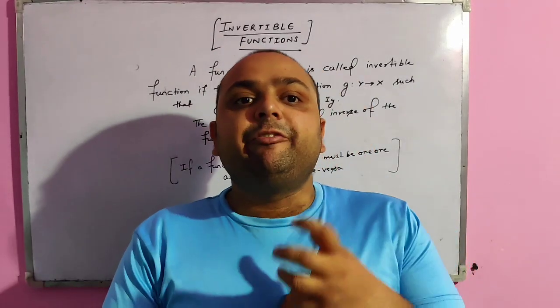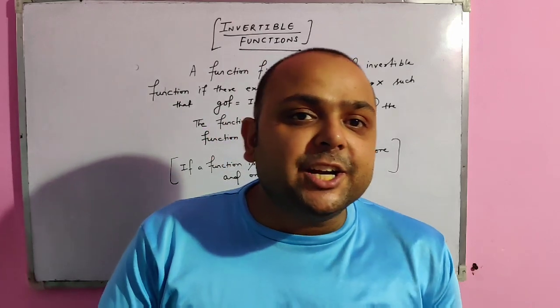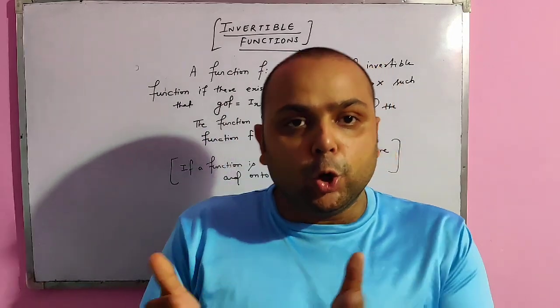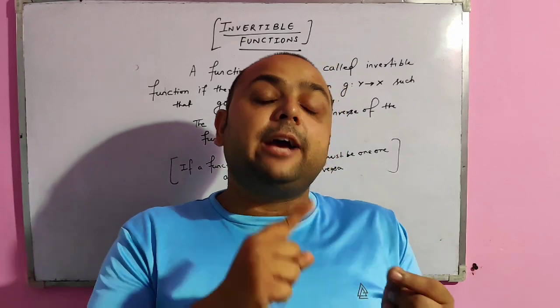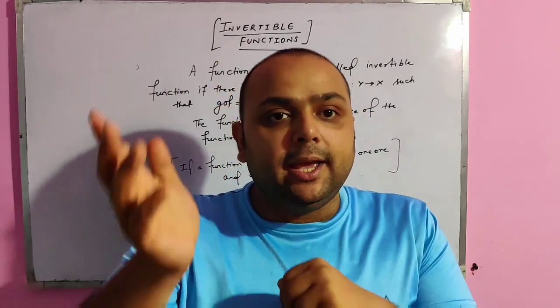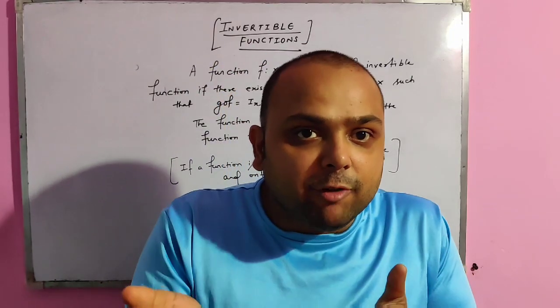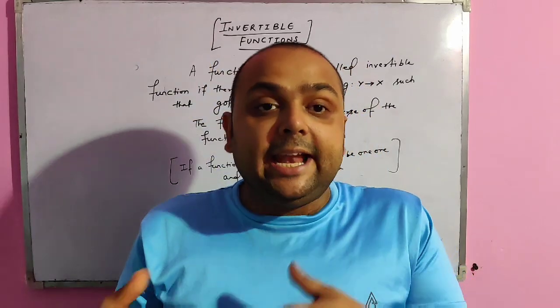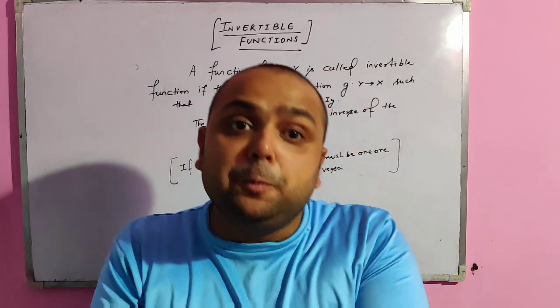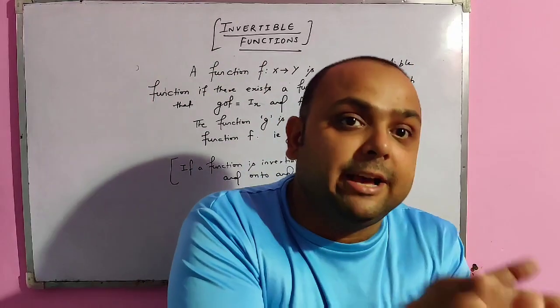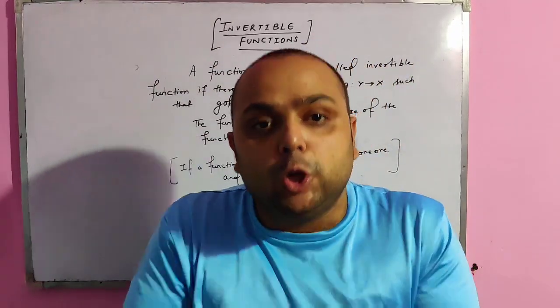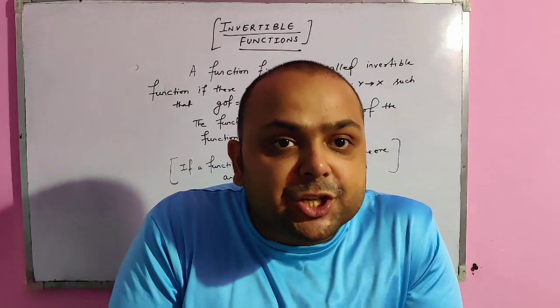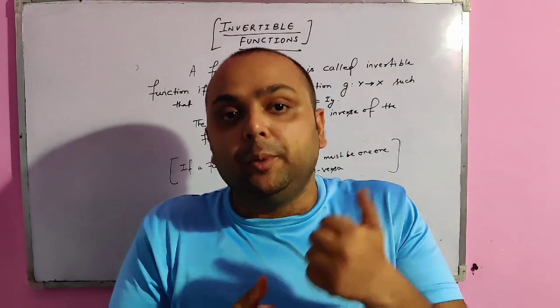That is, if we have sets X and Y, every element of X must have only one image in Y, and every element of Y must be the image of an element of X, then it is onto. Satisfying both conditions, that particular function is called invertible.